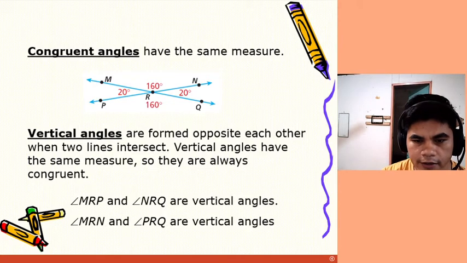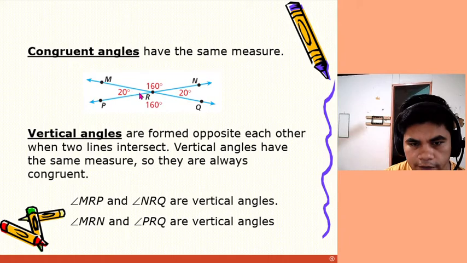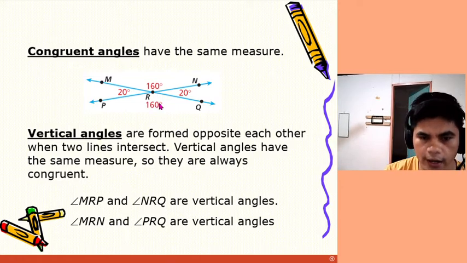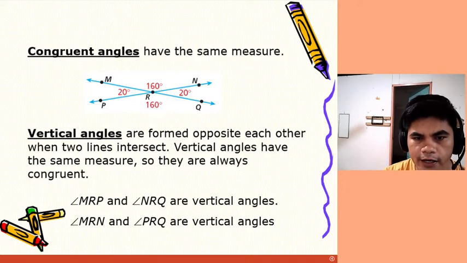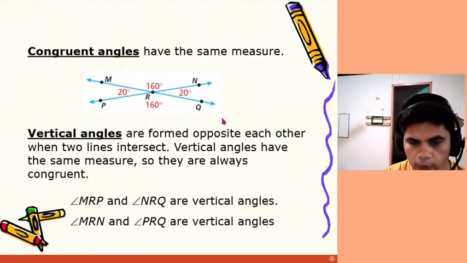Angle MRP and angle NRQ are vertical angles, and since they are vertical angles, they are congruent. Angle MRN and angle PRQ are also vertical angles. Take note of this: if two lines intersect, opposite angles are congruent because they are vertical angles, and vertical angles are congruent.